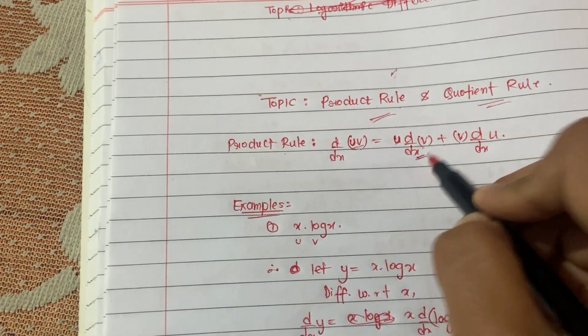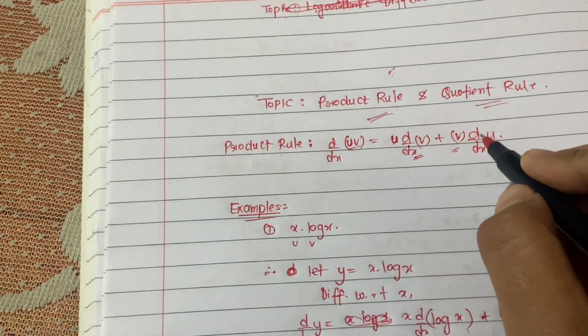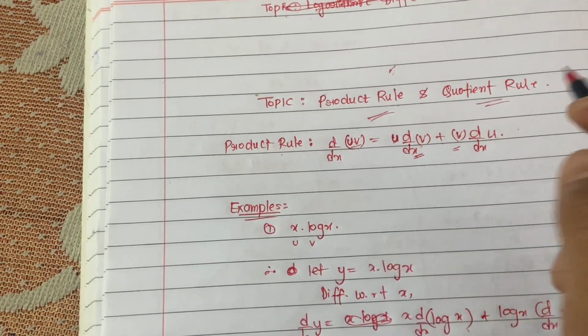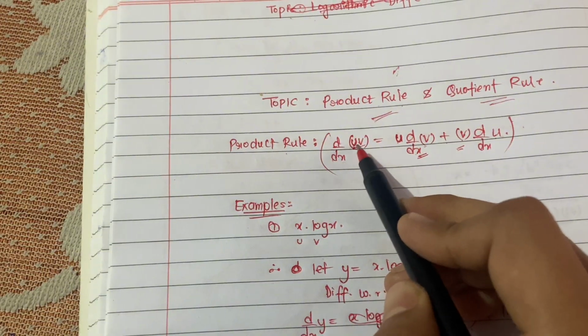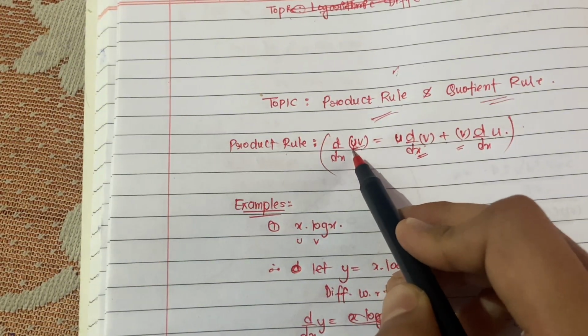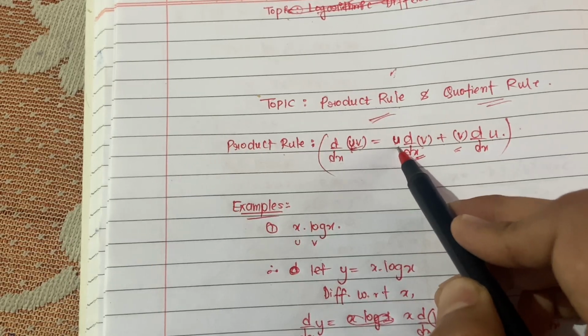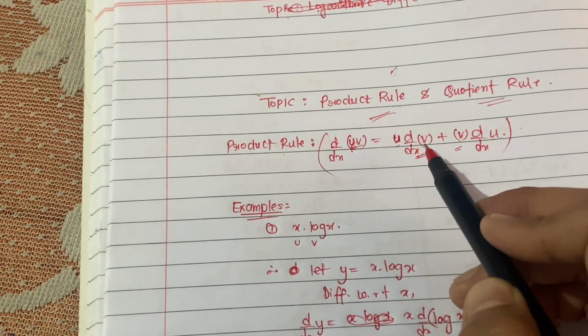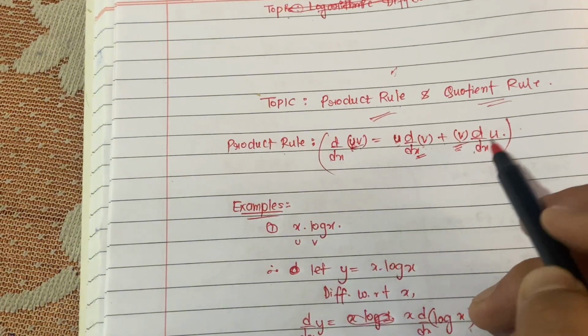There will be differentiation of v, and here v comes, and there will be differentiation of u. Simple. So how are you going to remember? If in the first place there is u, you first take out u and differentiate d by dx of v, and then take out v, differentiate d by dx of u.